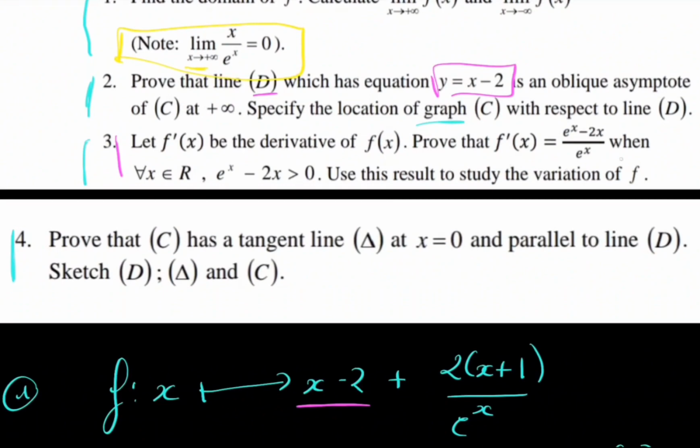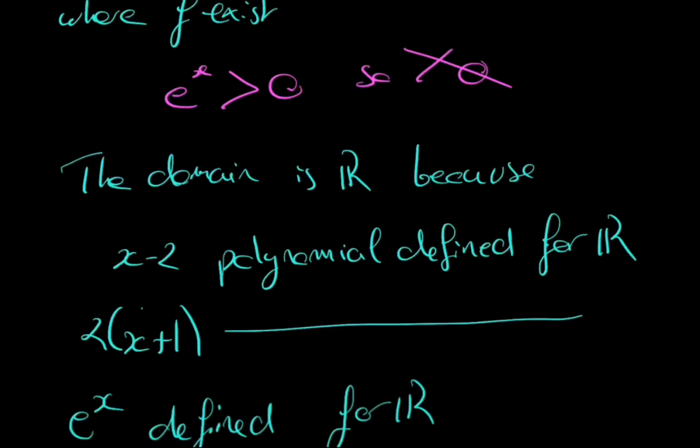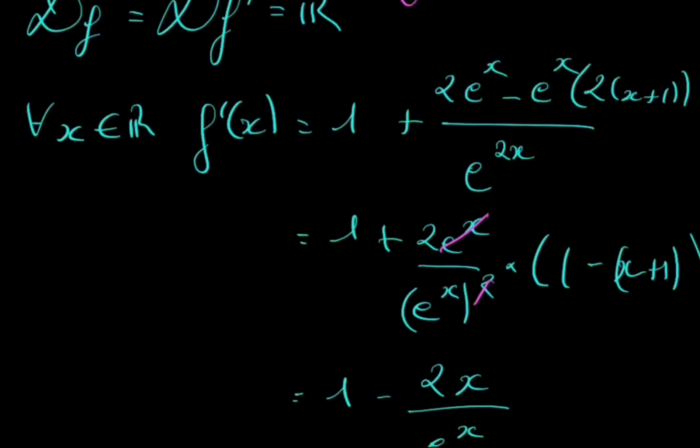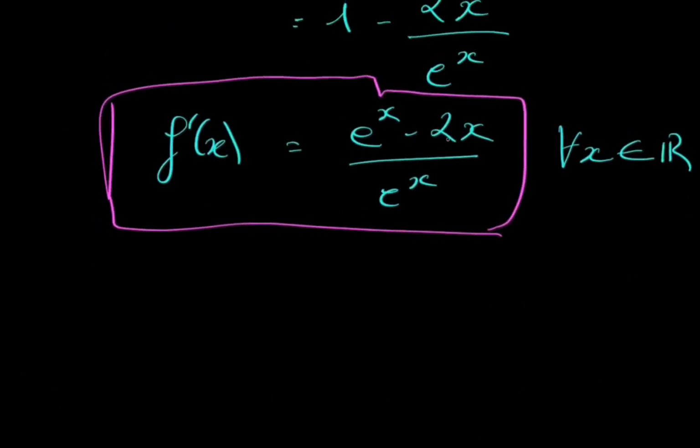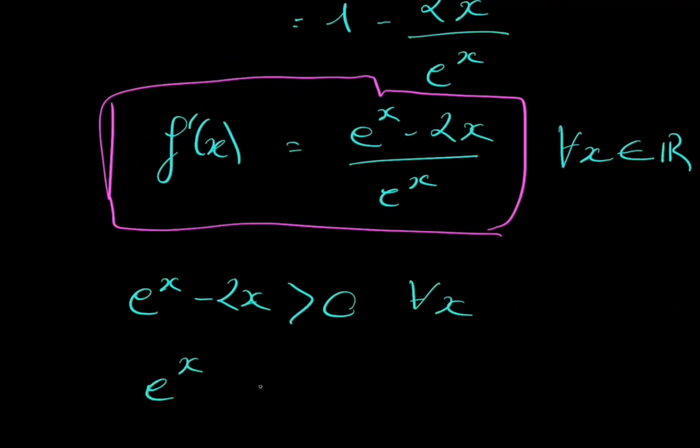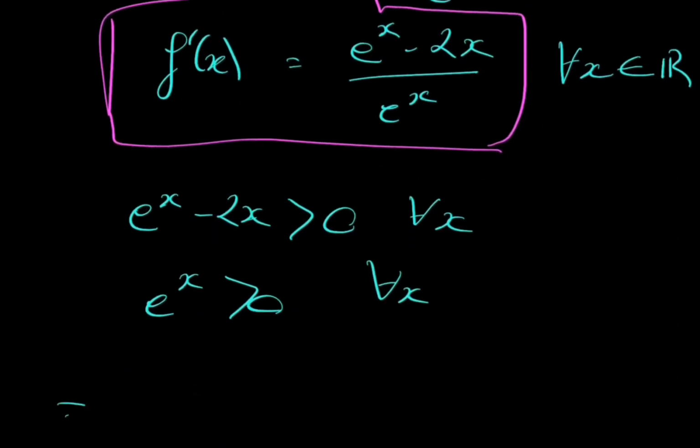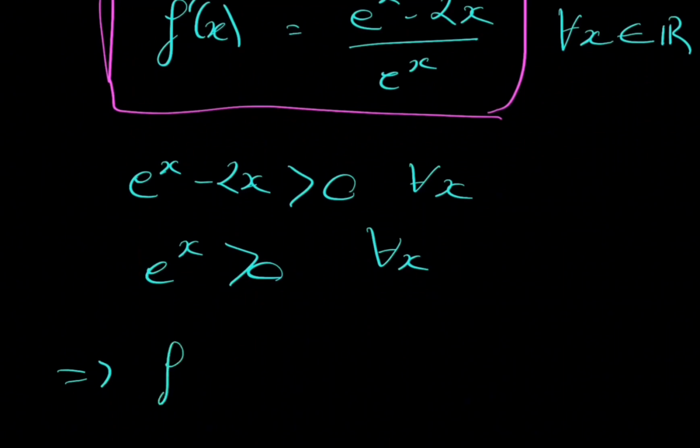So now we know that we've got this being true. Use this result to study the variations of f. So if exponential of x minus 2x is strictly superior to 0 for all x, and exponential of x is positive for all x as well, that implies that f prime of x is strictly superior to 0 for all x.